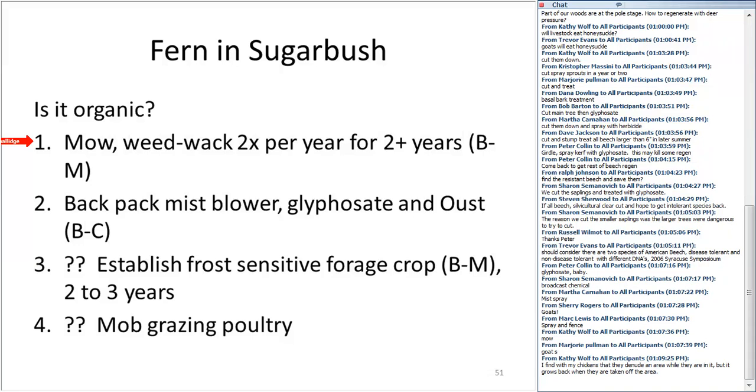So if you could knock back an undesirable plant and then establish some of these forage crops, you could outcompete the undesirables with a plant that's going to produce a high level of biomass. And if it's frost sensitive, some of the warmer grasses or plants from the south would die off in our northern winters. Maybe you would have to do that for 2 consecutive years, but essentially you would have an organic strategy to control undesirable plants through plant competition.